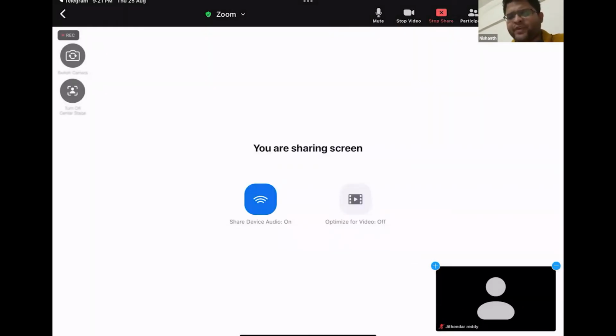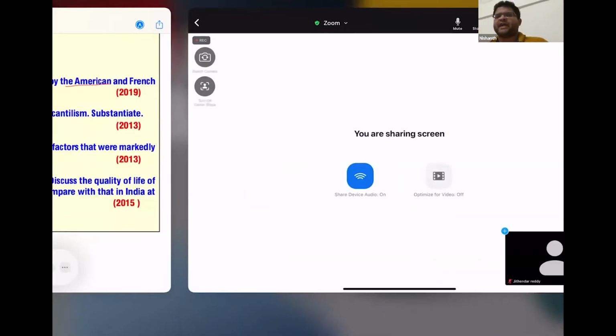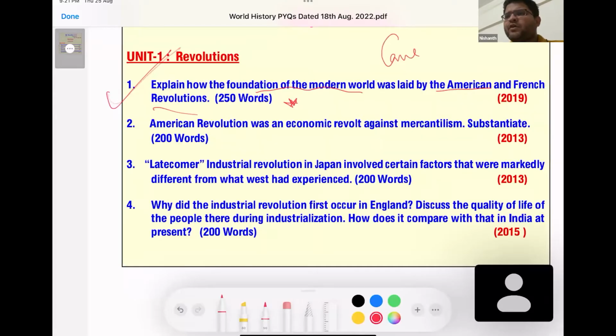So in the world history, the syllabus is pretty straightforward and simple. Okay, all you need to understand is the sequence of events, their importance and their impact. So you should go with this particular approach of cause and effect.